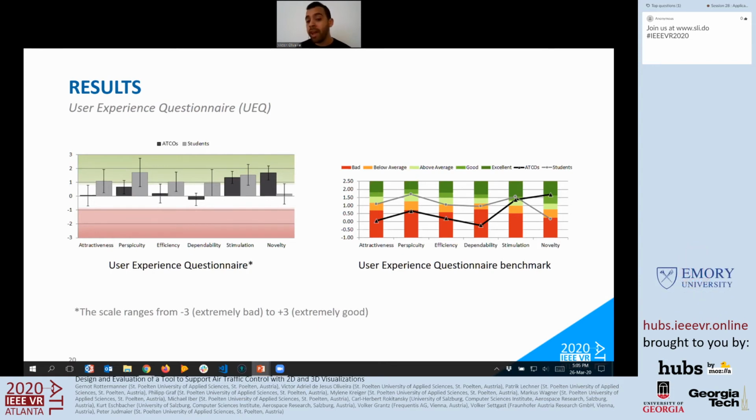While the HCOs, on the other hand, provided lower scores for the experience regarding many factors, but stimulation and novelty, which they rated as excellent.